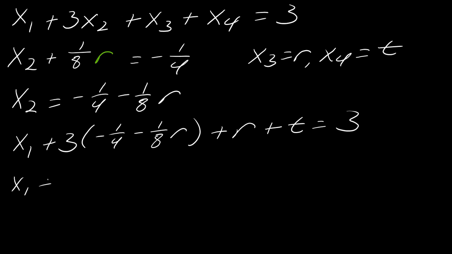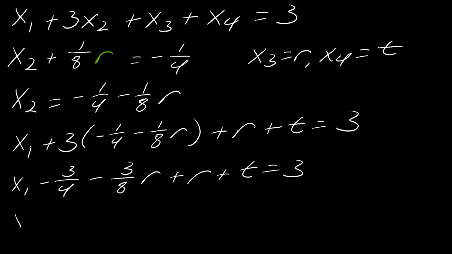So this will be x1 minus 3 over 4 minus 3 over 8 r plus r plus t equals 3. So I have x1 plus 5 over 8 r plus t minus 3 over 4 equals 3.